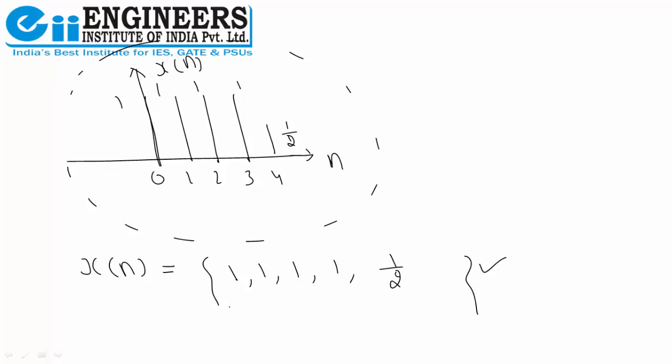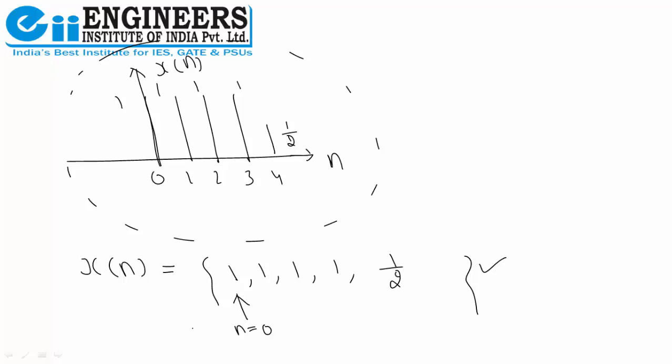In this equation there will be information about where n is 0, where n is equal to 1, or where n is negative. So there will always be an arrow sign. The arrow sign represents that here n is equal to 0. And these 1, 1, 1, 1 and 1 by 2 are the amplitudes. So n is equal to 0, 1. If you move to the right hand side, n will increase.